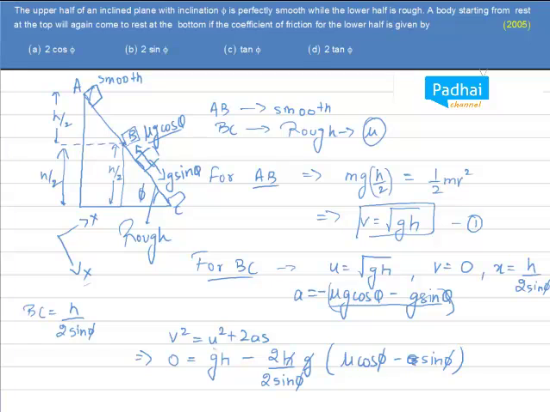H and g will cancel out. And 2 will cancel out over here and here. So I'll get mu cos phi minus sine phi will be equal to sine phi. Is that right? So that means I'll get mu will be equal to 2 tan phi. So basically this is the answer. So that means option D is correct.